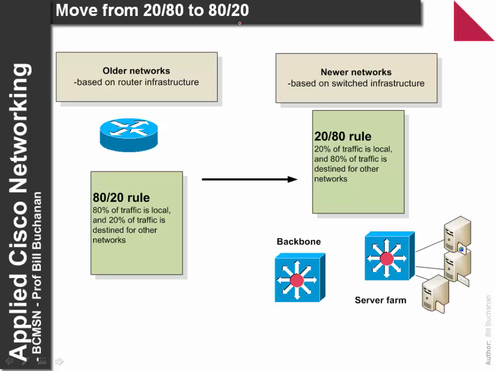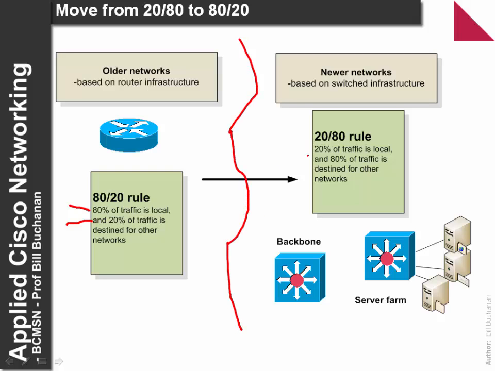Basically, we're moving away from older network structures where 80% of the traffic within a network was typically local, and only about 20% of it was destined for other networks.